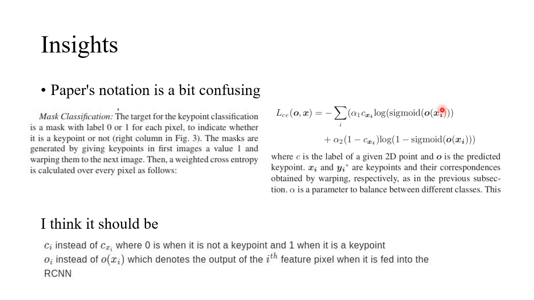This is the input of every pixel, and then there's an output that is fed into a sigmoid function, which is the output of the i-th featured pixel when it is fed into the RCNN, the recurrent convolutional neural network. And I think that's it.